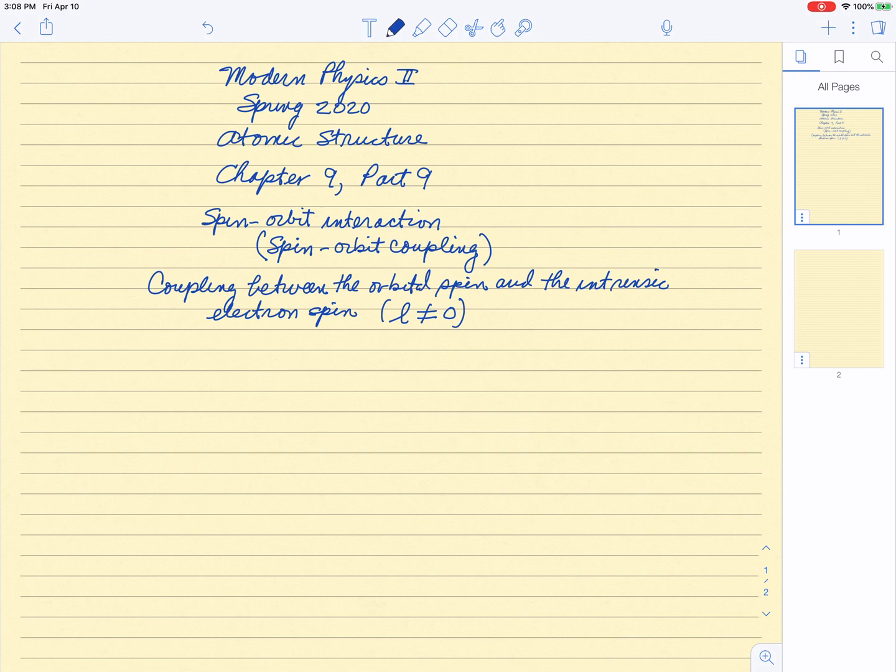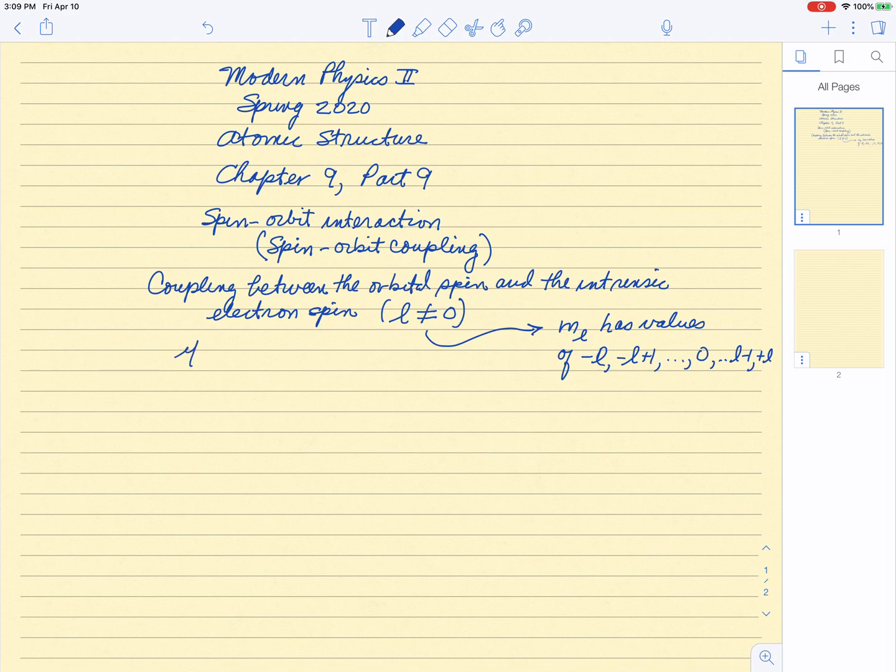So clearly from here, if L is not equal to 0, then M sub L has values of negative L plus 1 through 0, L minus 1 to plus L. When L is equal to 0, then M sub L is equal to 0, and there's no orbital magnetic moment and no orbital angular momentum, right?